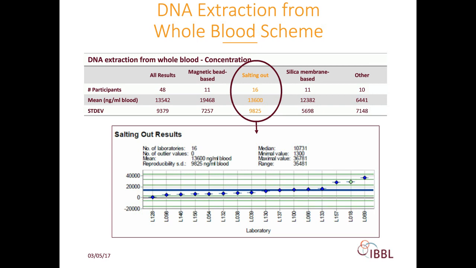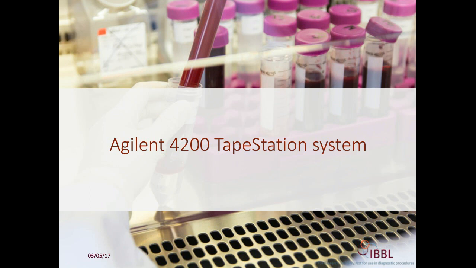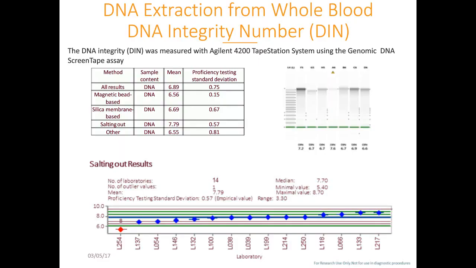The Agilent 4200 TapeStation system is used in different schemes in the PT program that IBBL is providing. In the DNA from whole blood scheme, the TapeStation is used to assess and compare the integrity of DNA samples extracted by the different participants.